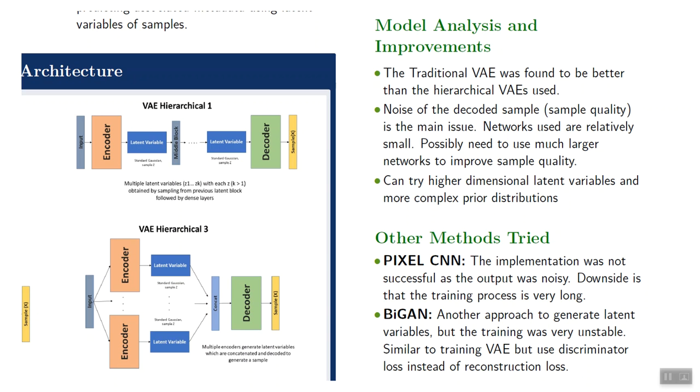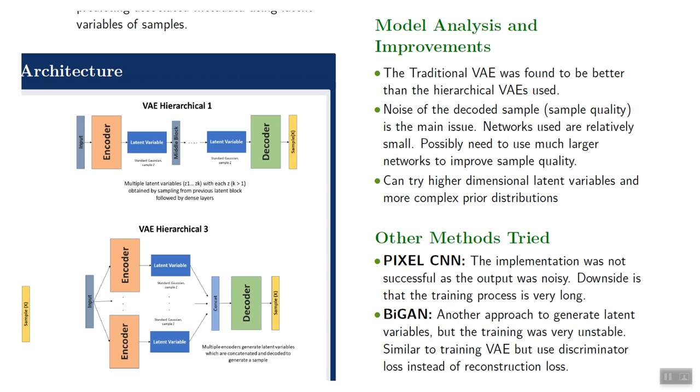Other than the VAE methods, I also tried a similar attempt using the PixelCNN approach and BiGANs. The implementation with PixelCNN was not successful. The output that was produced was very, very noisy. One of the biggest drawbacks of the PixelCNN method was that the training is very, very long, and it takes much longer to generate a model from which we can generate samples.